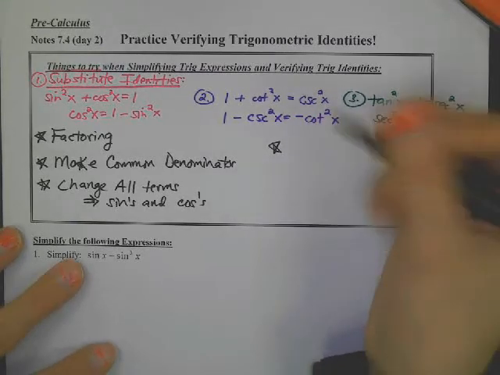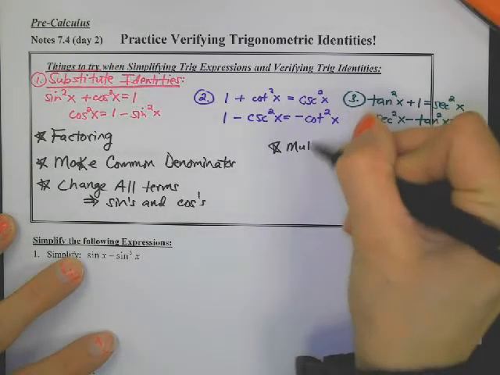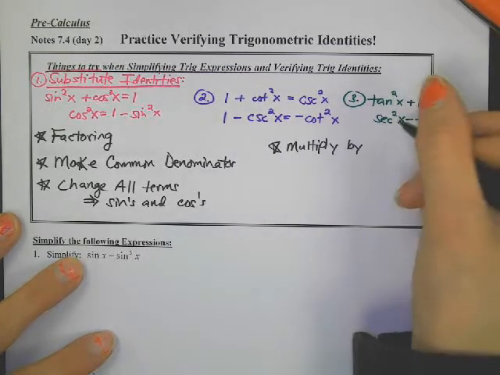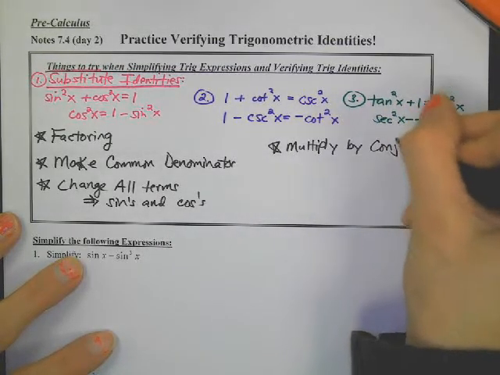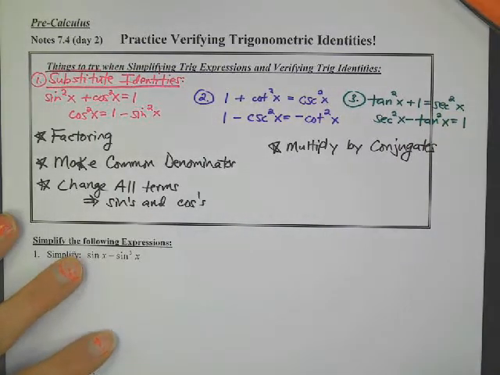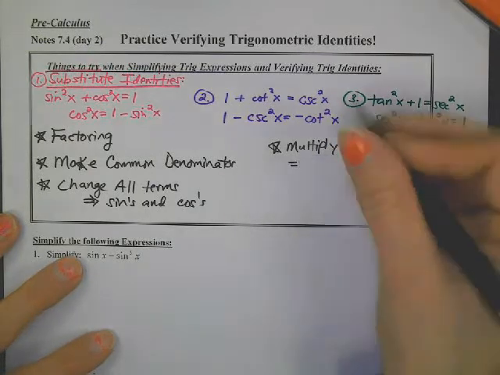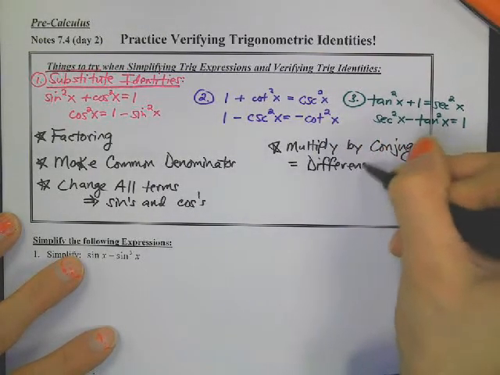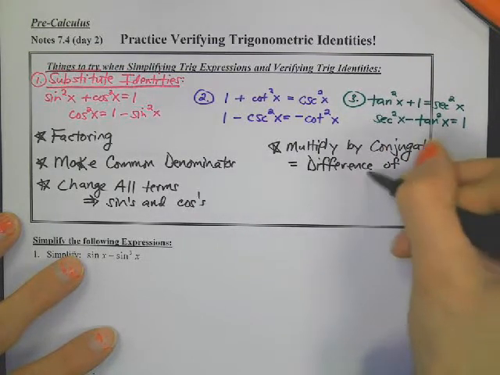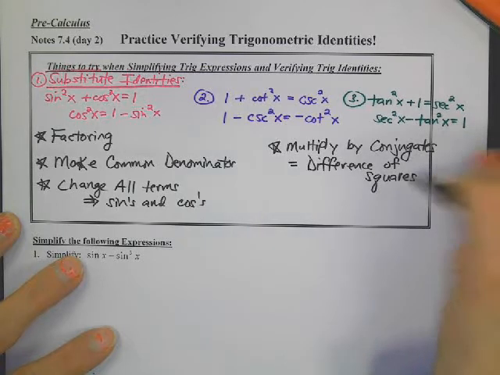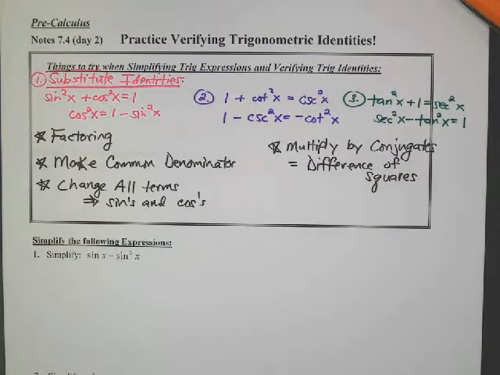Okay, and then another very, very popular technique. You can multiply by the conjugate. When you multiply two conjugates together, what does that make? That makes a difference of squares. And you know what's so nice about difference of squares? You've got those identities right there.